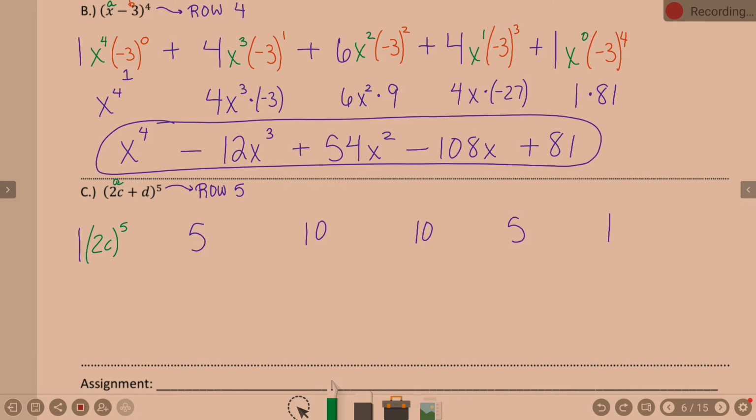And then the next term, 2c raised to the 4th, 2c to the third. You'll notice I'm putting these 2c's in parentheses. 2c to the second, 2c to the first, and 2c to the 0. So we started at 5 and decreased down to 0.